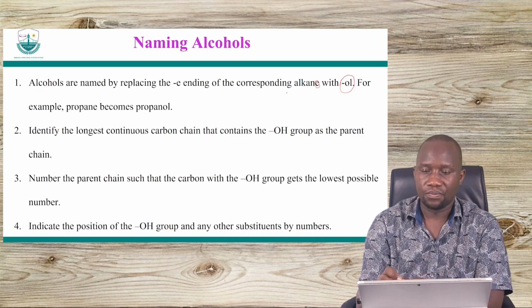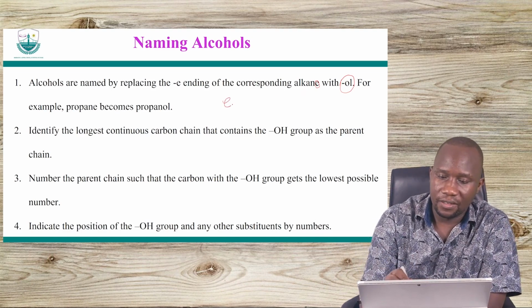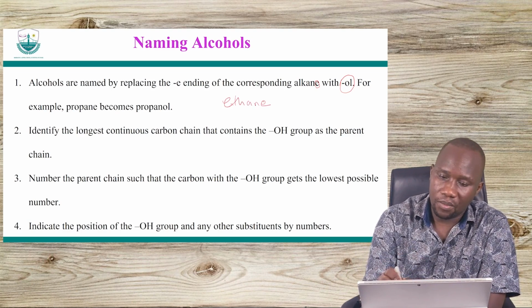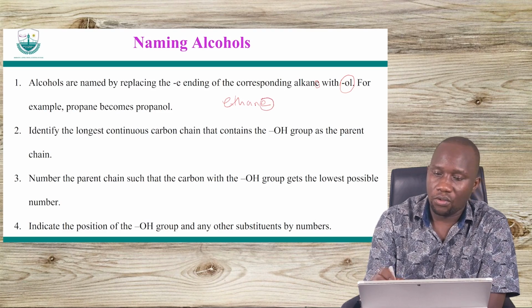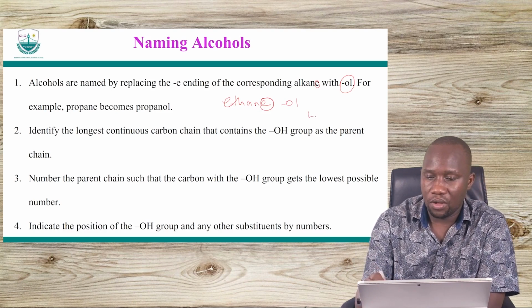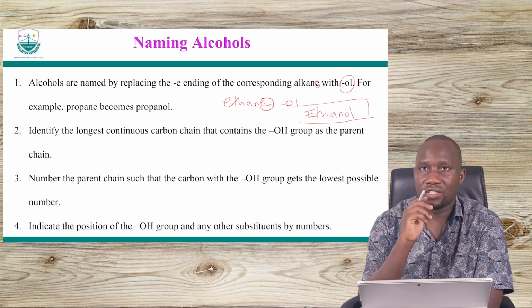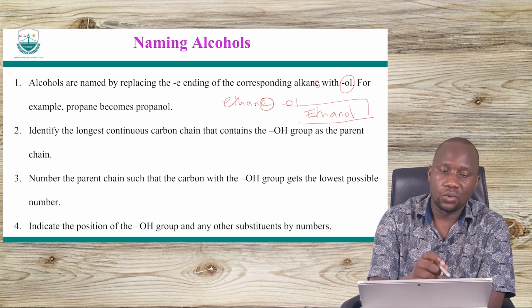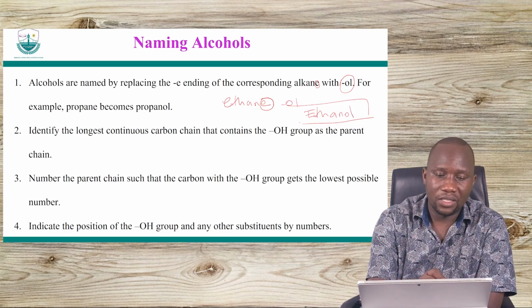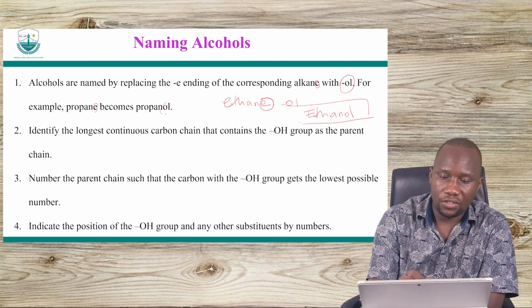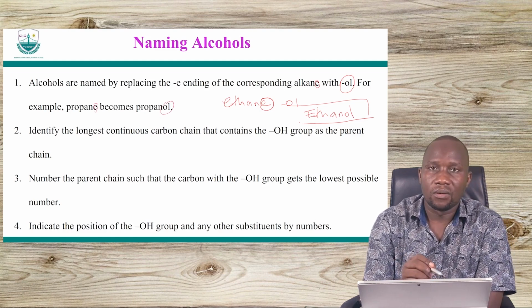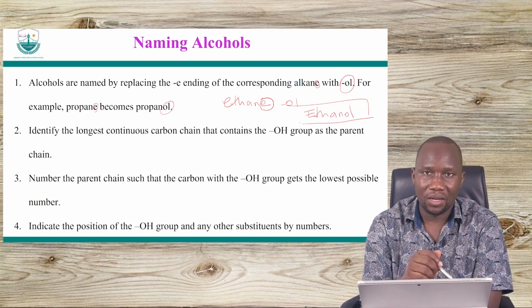For example, ethane: replace this E with the OL. So what we come up with is ethanol. That's rule number one. Whether it is propane, just replace that with this, butanol and then the rest, pentanol.